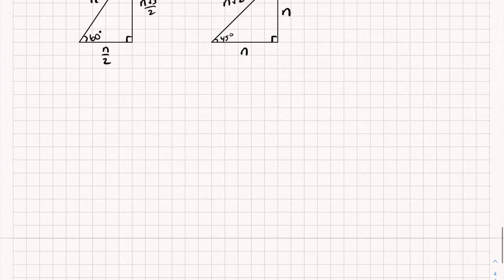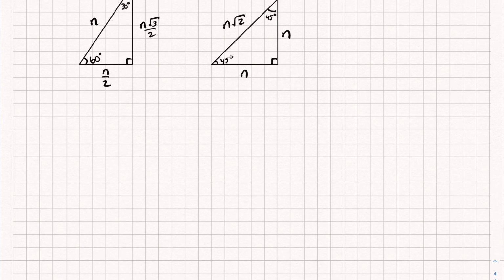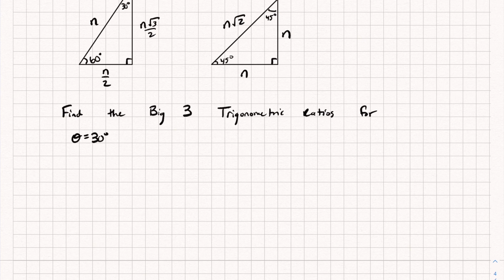And now your task, what I want you to go through and do is find the big 3 trigonometric ratios for the following angles. Theta is 30 degrees, theta is 45, and theta is 60.